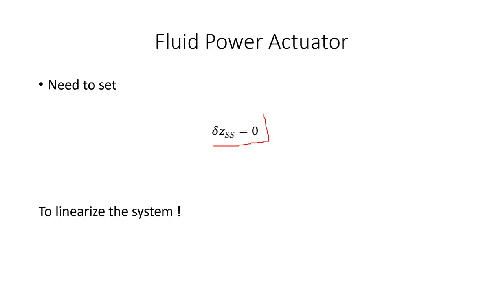Set delta ZSS equal to 0, and we can write down the equivalent requirement: the relationship between the input pressure supply and the pre-compressed spring displacement, Z naught. So we can derive a relationship between the two quantities by setting delta ZSS equal to 0 to come up with a linearized version of the system.